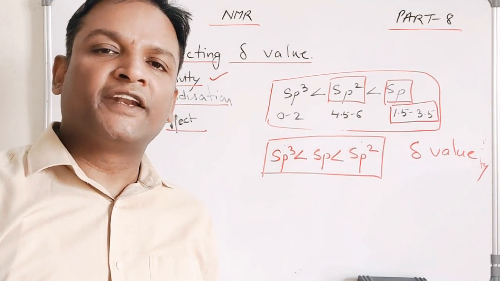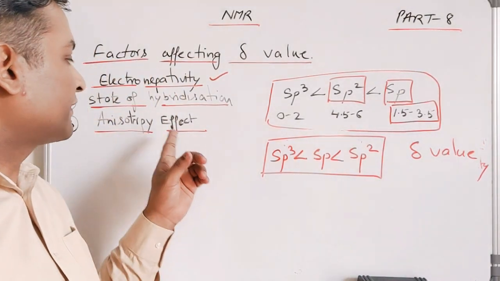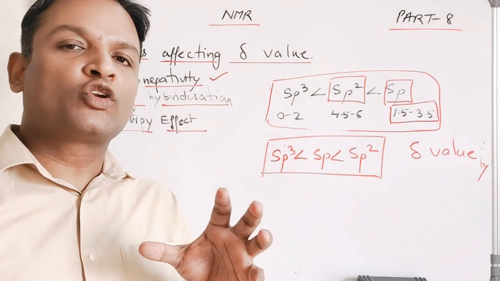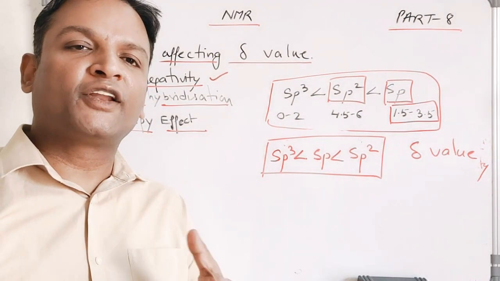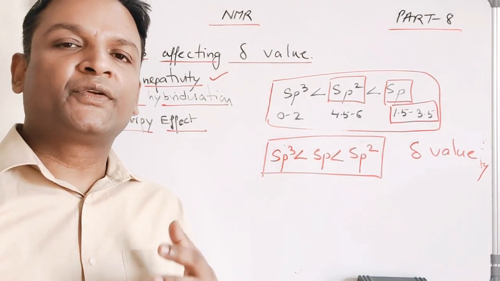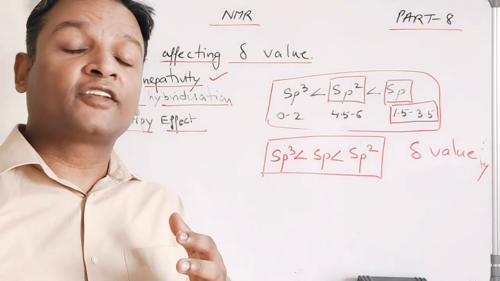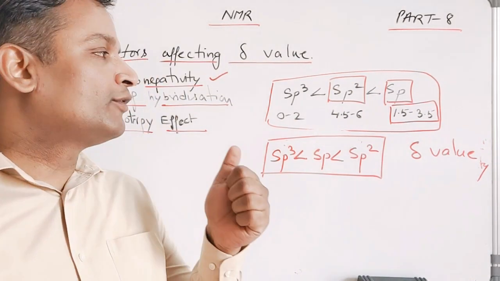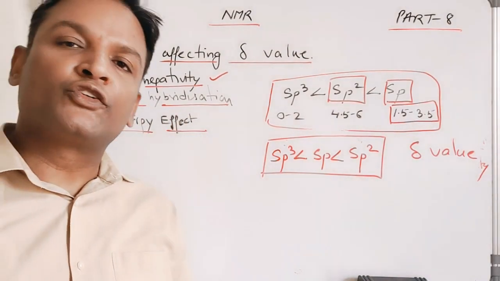This factor is called the anisotropic effect. It is the third factor which will explain why sp2 has a high delta value and sp has a less delta value.